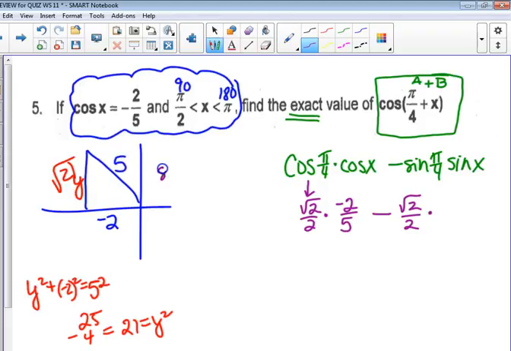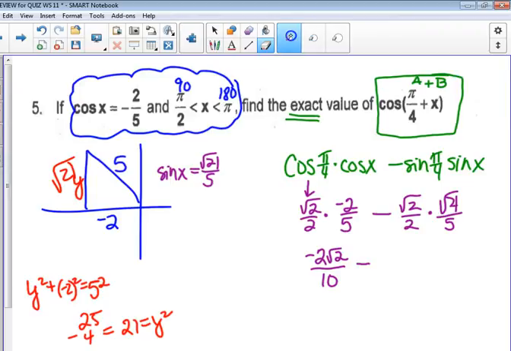Yes, the sine over here of this is square root of 21 over 5. Everybody okay? Now, I know you want to cry a little bit, but we're just going to multiply these together and write -2 square roots of 2 on the top and 10 on the bottom. We're going to multiply these together. That's supposed to say 21. It's kind of messy.